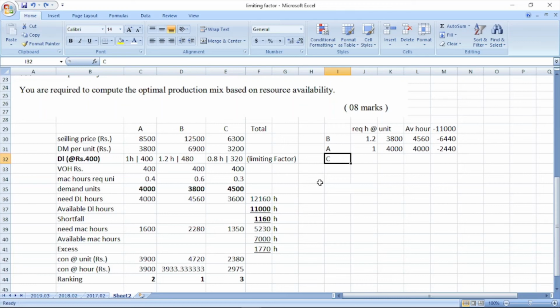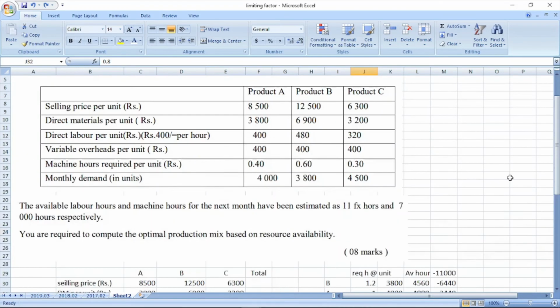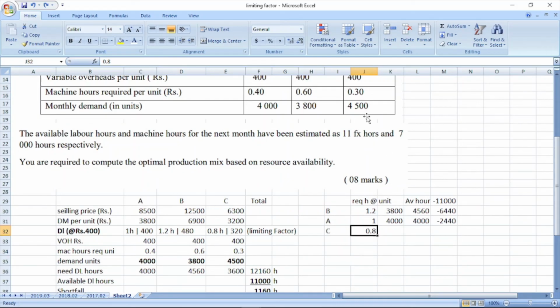Next, our target is to produce product C. To produce one product C, we need 0.8 hours.